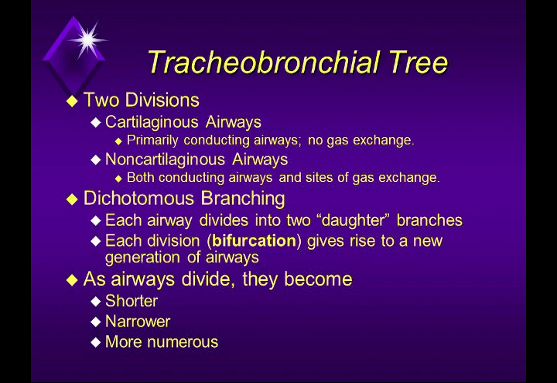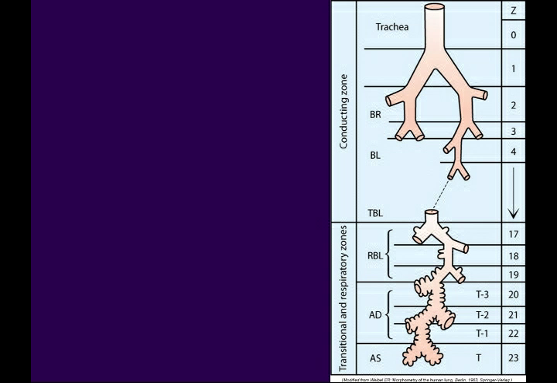As they divide, they become shorter in distance, narrower in width, and there's more of them, obviously. Each time they branch, they exponentially go up in the number of airways there are. As they get larger and larger in number, that means there's more surface area as far as the space within them.